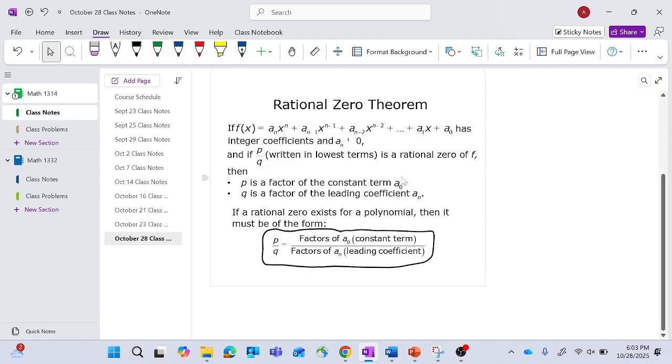Or rational zero if you want the fancy word for it. We good here?